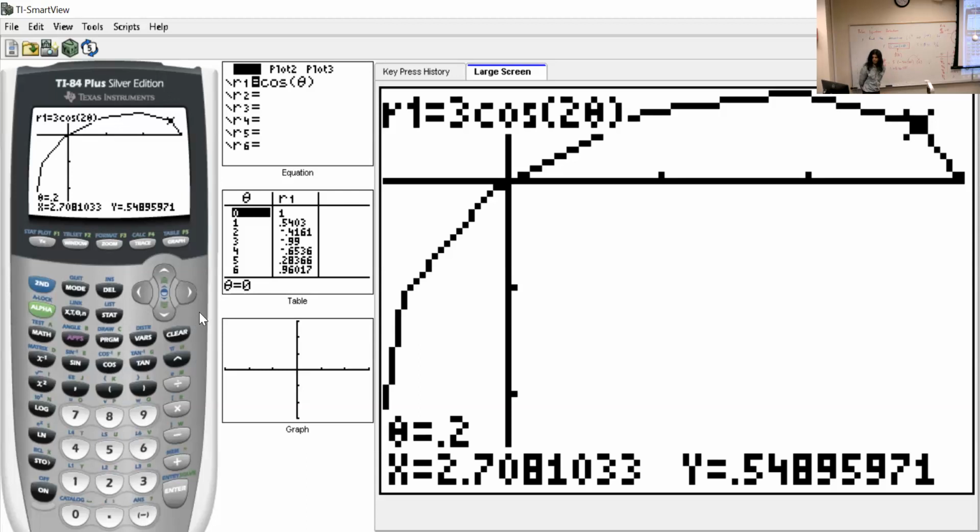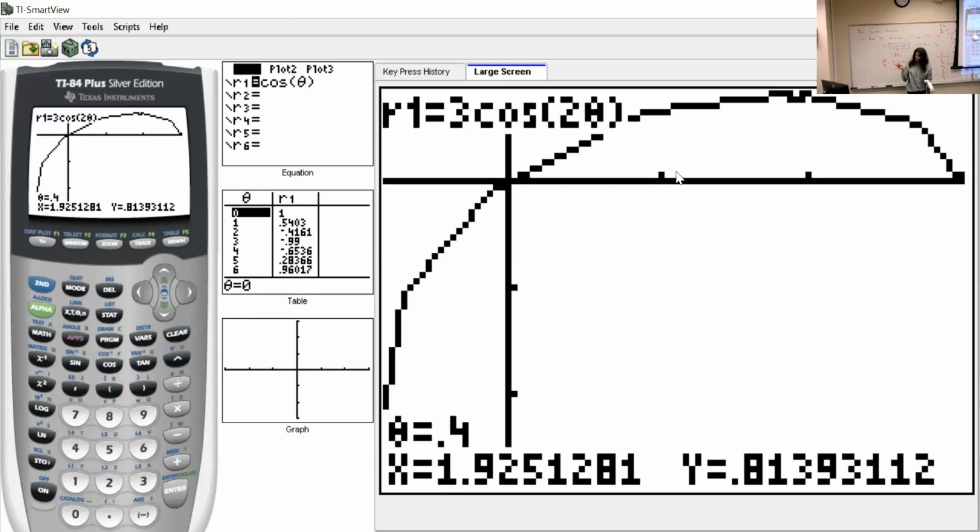So r equals the square root of x squared plus y squared, with x 2.7 and y 0.548. At the next step, x is 1.925 and y is 0.8139.